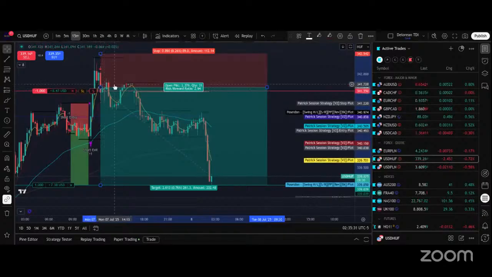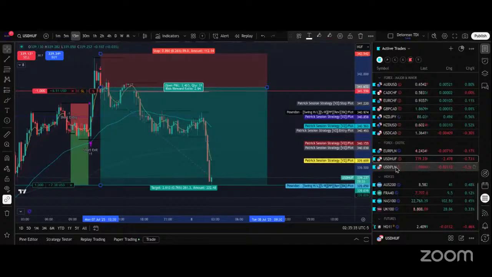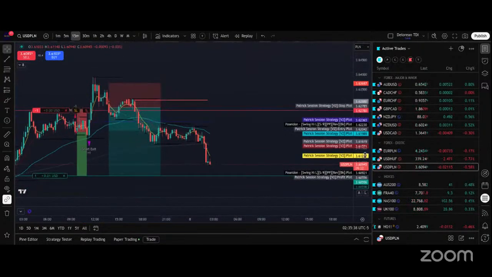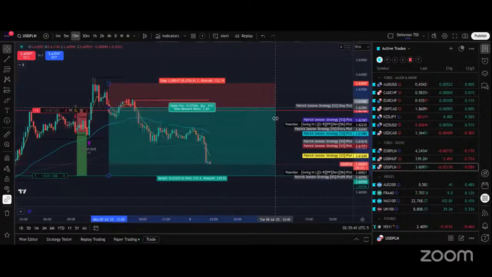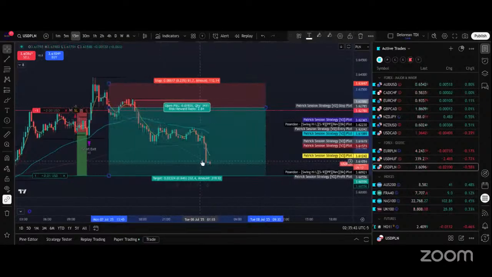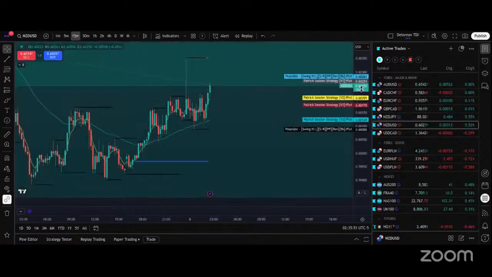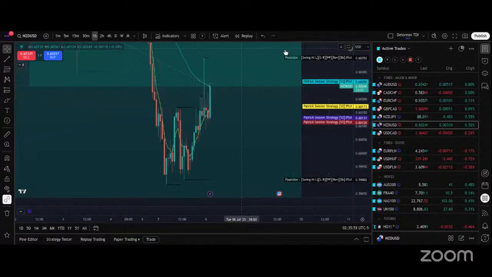So we took this trade last night on the live actually. And then we also have getting closer to take profit, United States dollar versus the Polish zloty. Another one that's getting close. This is a much bigger trade, of course, is going to be the New Zealand dollar versus the US dollar.